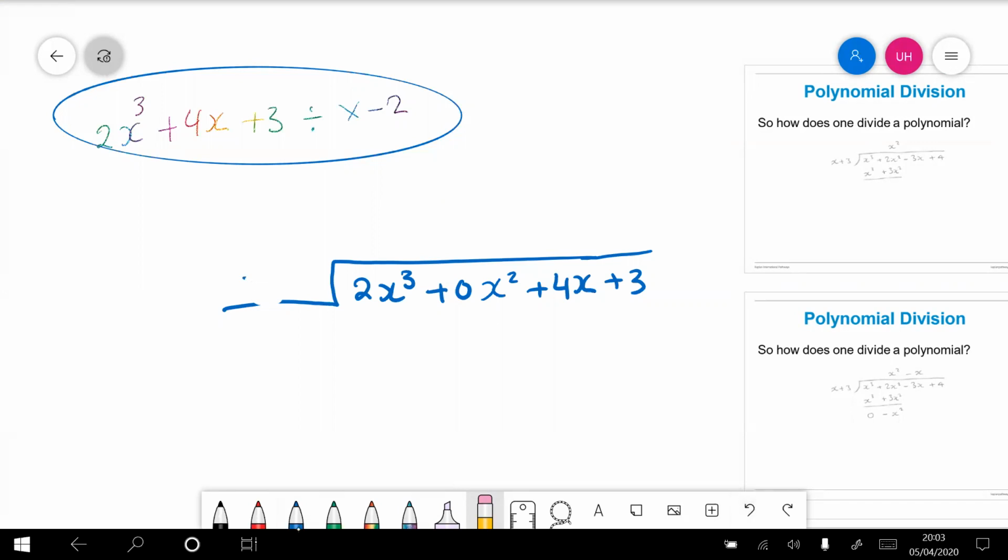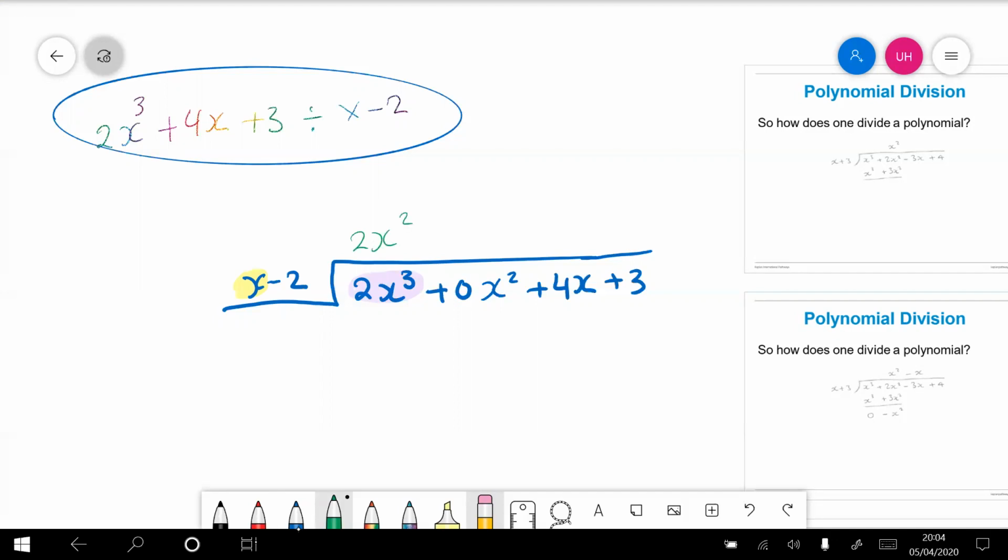Divided by x minus 2. Right? So again, we will start with the leading term here divided by the leading term there, which is the x. So 2x cubed divided by x is 2x squared.